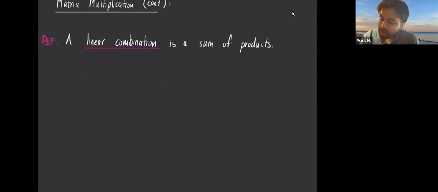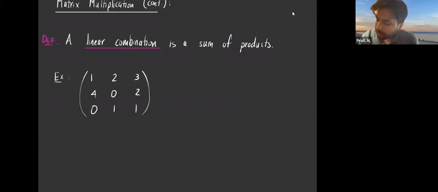So when we see something like this, for example, the matrix with rows 1, 2, 3; 4, 0, 2; and 0, 1, 1. This is a 3 by 3 matrix, and I multiply it by what we call a column vector.